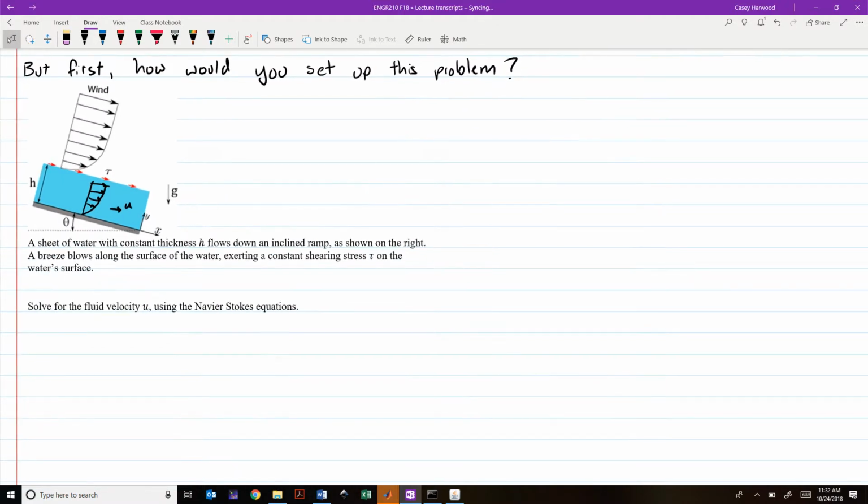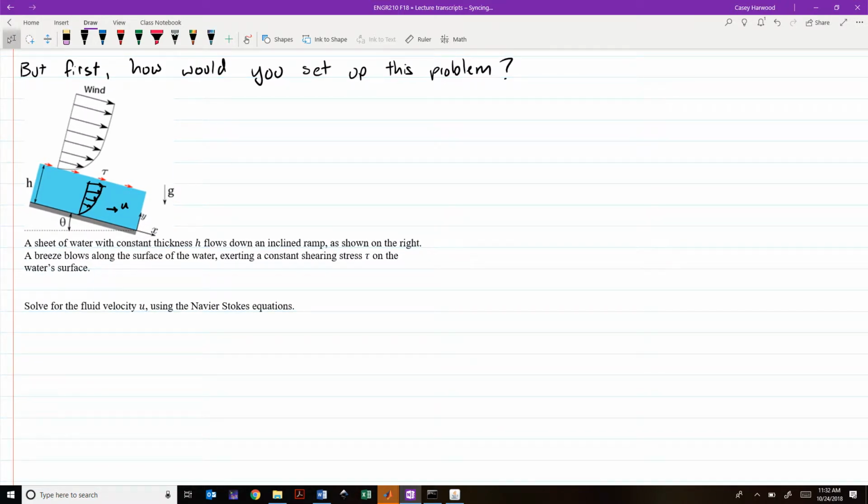So this is going to be a really abbreviated solution. We can actually do it in really just a few lines. But remember, our first step is listing our governing equations. First of which is going to be continuity.